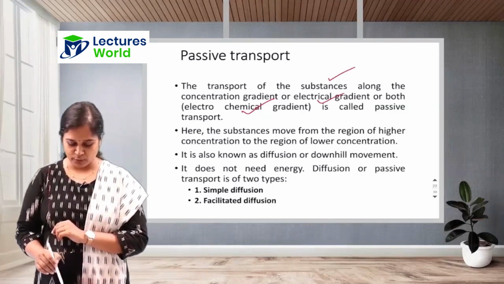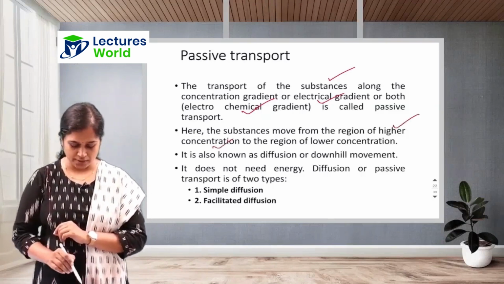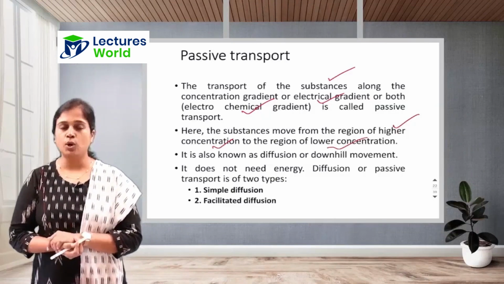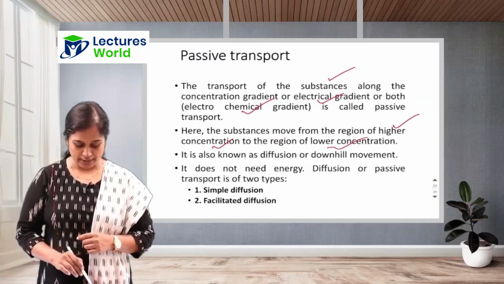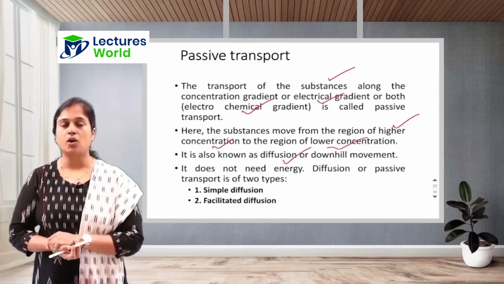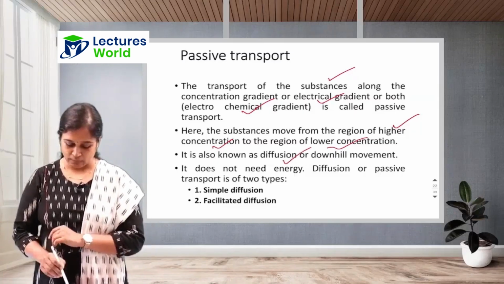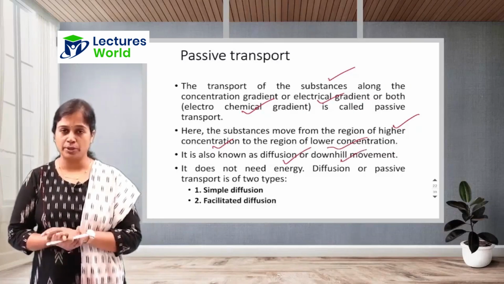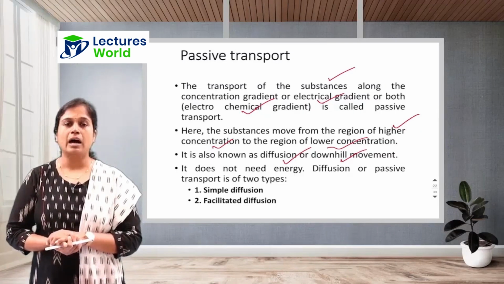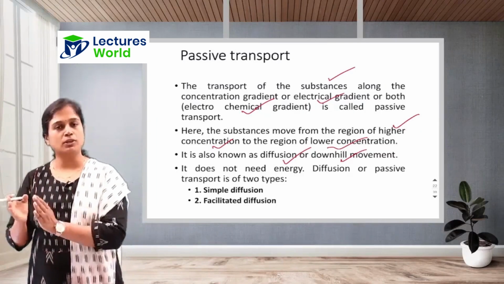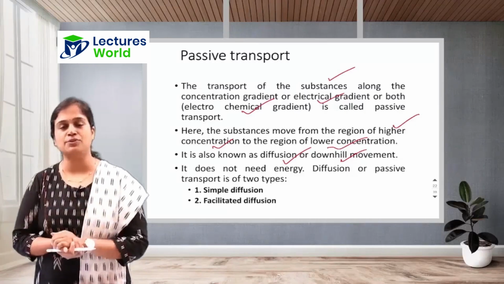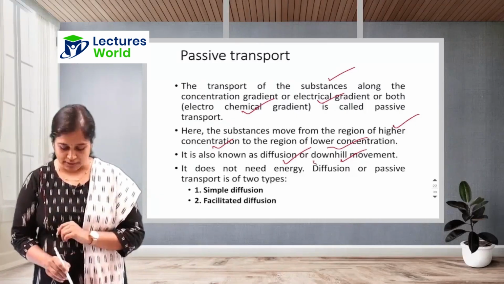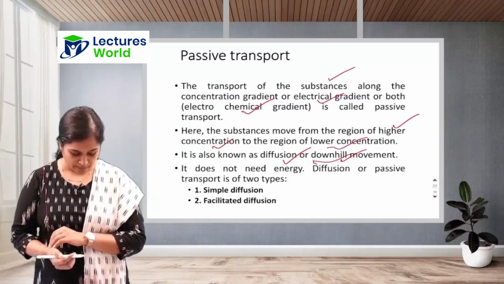The substances move from the region of higher concentration to the region of lower concentration, and this is also known as diffusion or downhill movement.